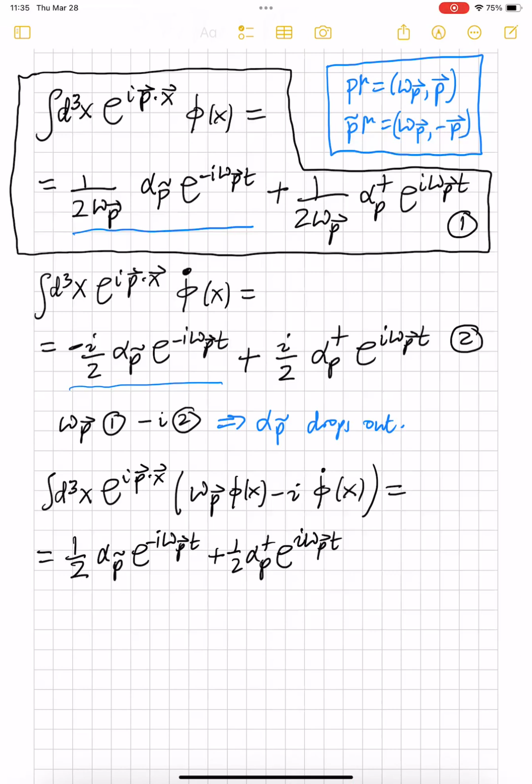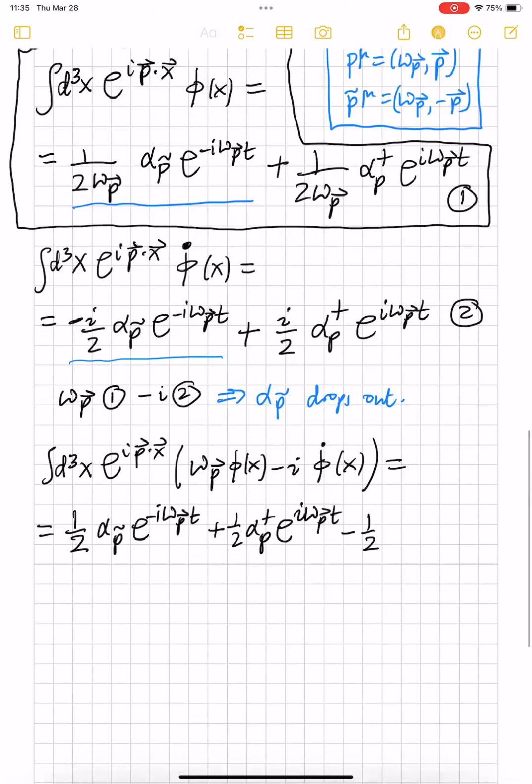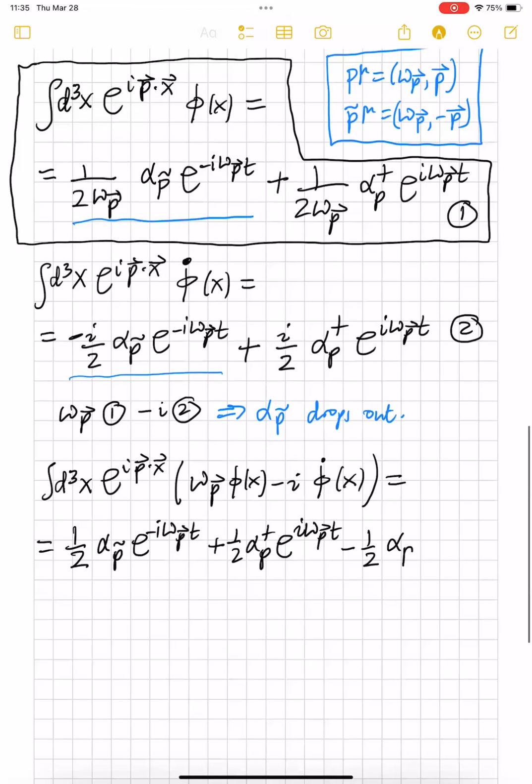So multiplying the minus I into equation 2, we've got minus 1/2 alpha p tilde e to the minus I omega pt. And then that second term, the minus I times the I will be a plus. So I'll get plus 1/2 alpha p dagger e to the I omega pt.